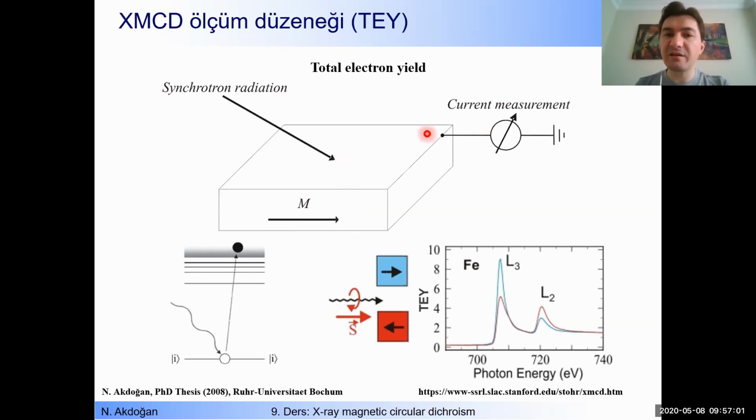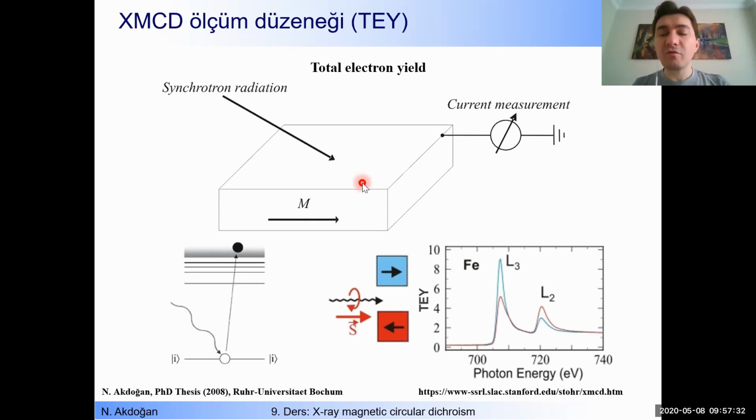So we are taking the data from the surface. We collect the electrons from the surface and then we measure the current, right? If the photoelectrons and Auger electrons are produced via synchrotron radiation deep in the material, they cannot go to the surface and we cannot measure them. For this reason, this method is surface sensitive and we can collect information from, let's say, 5 nanometers from the surface.